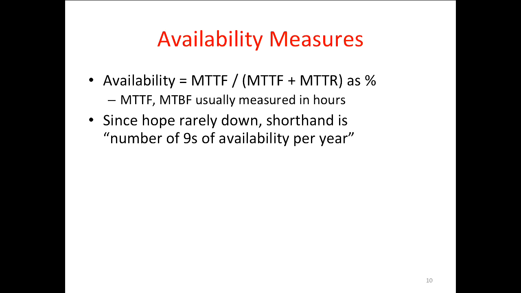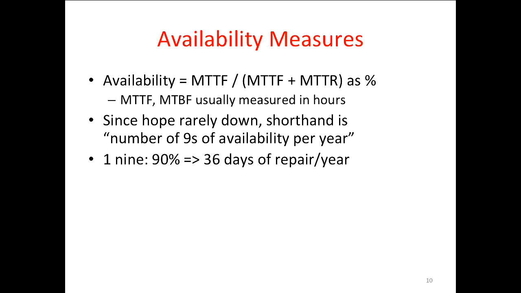But availability, because it's got so good recently, the shorthand we use is to say how many nines of availability you have. 1 nine is 90%. So if 90% of the time your system is available, we say that has 1 nine of availability. Over a year, that would mean that 36 days out of the year your system is not available.